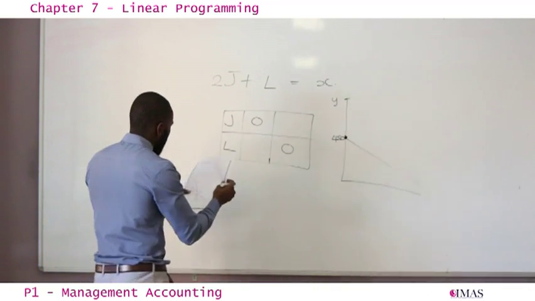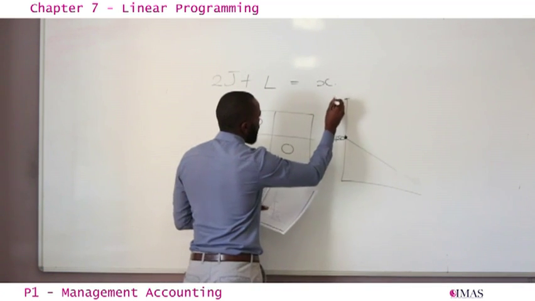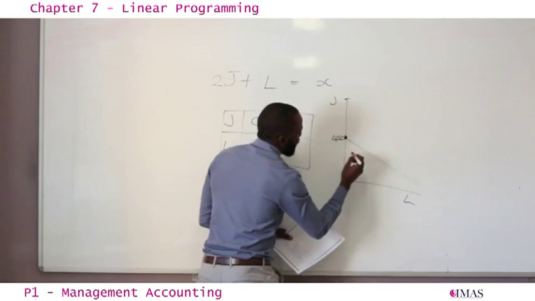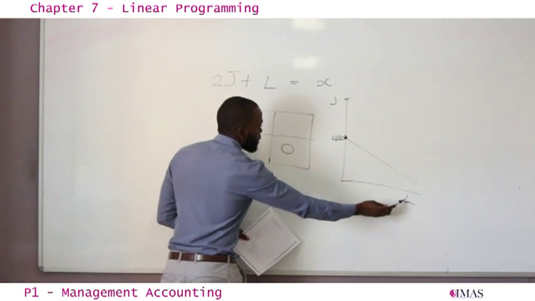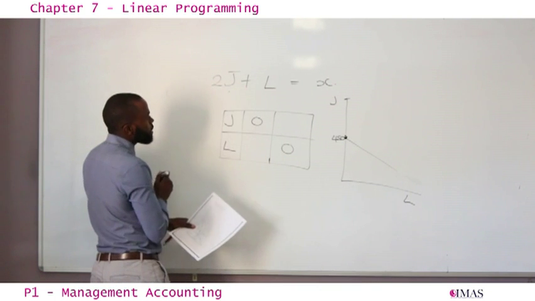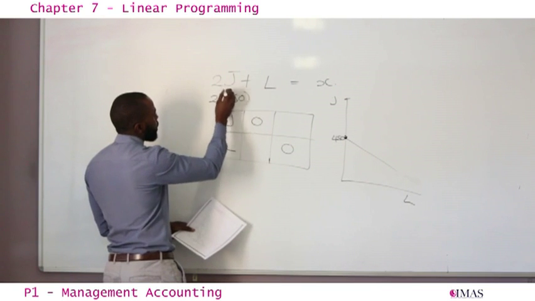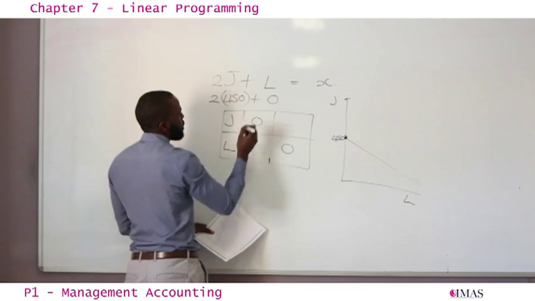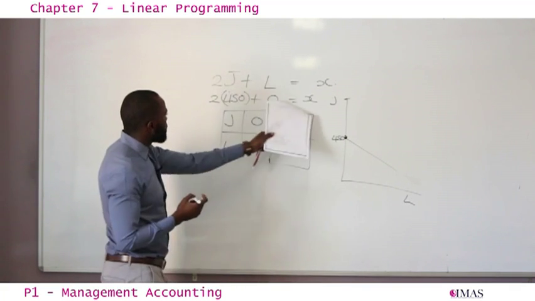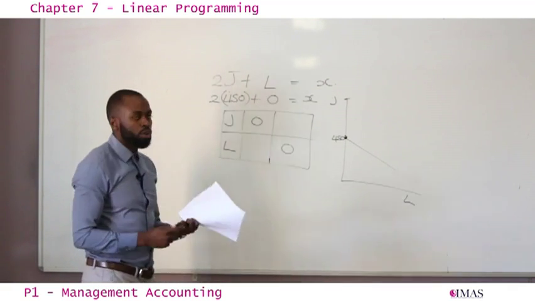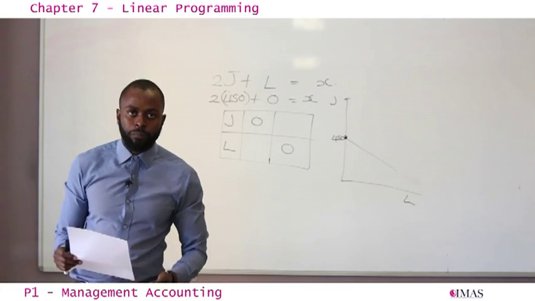So at this particular point, J is 450, then L is equal to 0. So we replace this into the equation. We say 2 times 450 plus 0 is equal to x. Therefore, x is equal to 2 times 450, which is equal to 900. That's how you get to the answer.